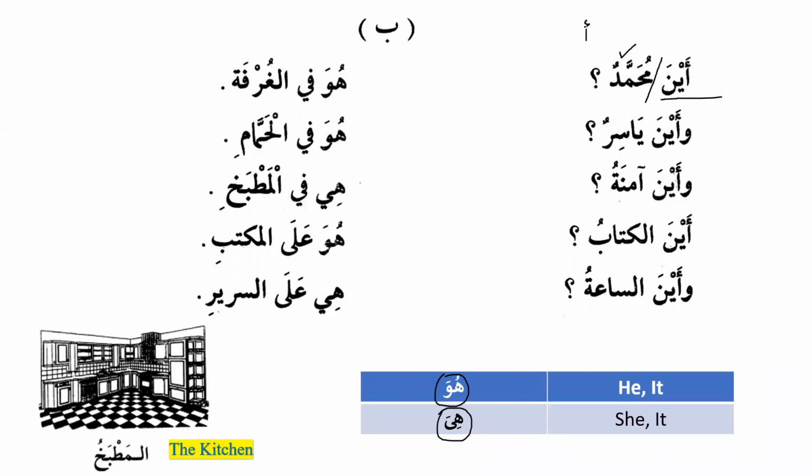Anta talibun, are you a student? It is indefinite. We have learned about ma ismuka, what is your name? This is also indefinite. And the third one that we are learning today is aina. This is also used to ask a question.